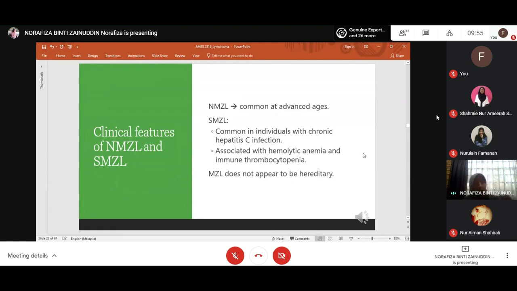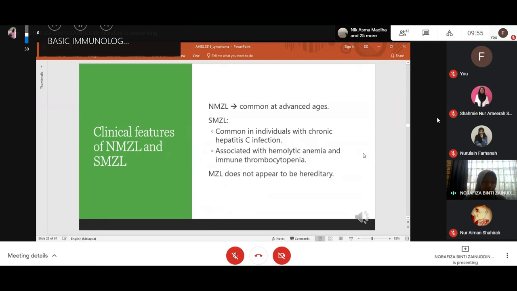Like other NHL, nodal marginal zone lymphoma is more common at advanced ages. There is no clear factor that predisposes to this disease. It can be more common in individuals with chronic hepatitis C infection, autoimmune conditions such as hemolytic anemia, immune thrombocytopenia can also be associated with NMZL, and also SMZL.